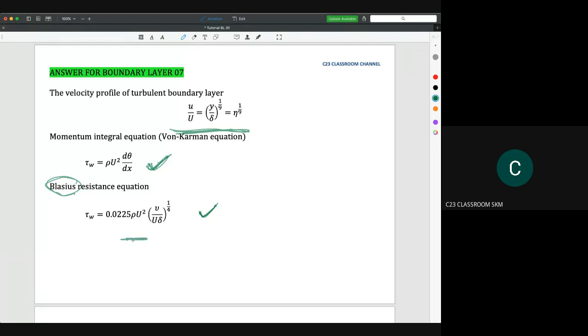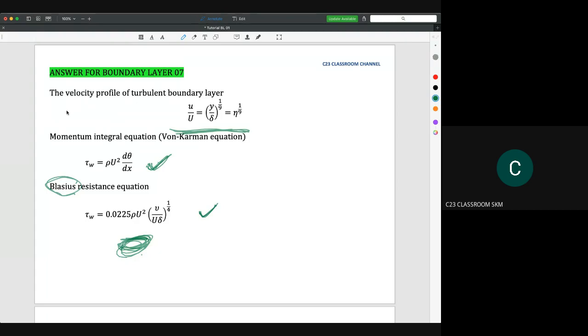If the condition is turbulent, please do not use shear stress from Newton's law of viscosity. This is very important. The difference between laminar and turbulent boundary layer is, in laminar boundary layer, yes, you could use Newton's law of viscosity, but for turbulent boundary layer, you need to get the value of shear stress by empirical method, meaning by Blasius calculation.